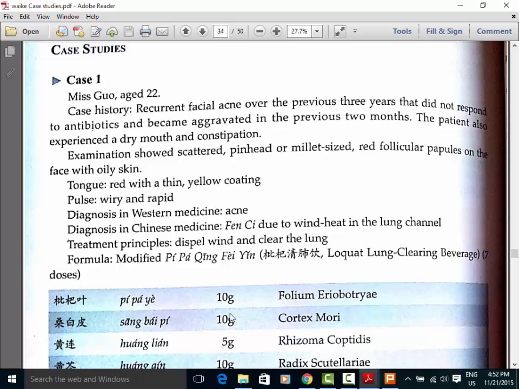The 3 options from this textbook for differential diagnosis are this, this, and this. Is this damp heat in the spleen and stomach, or wind heat in the lung? Which one is more appropriate? The small millet-sized papules are another key factor.